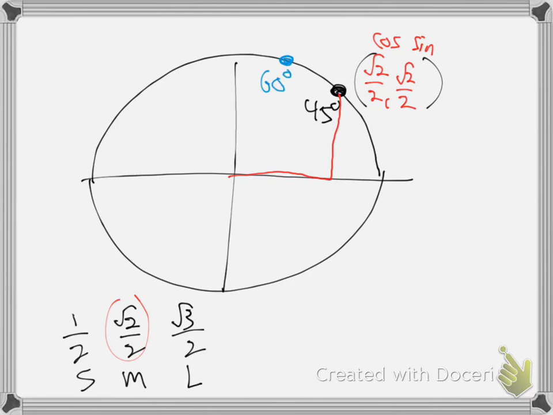What are the coordinates for that one? It's over a small amount, only over a half, and up a large amount, up root 3 over 2.